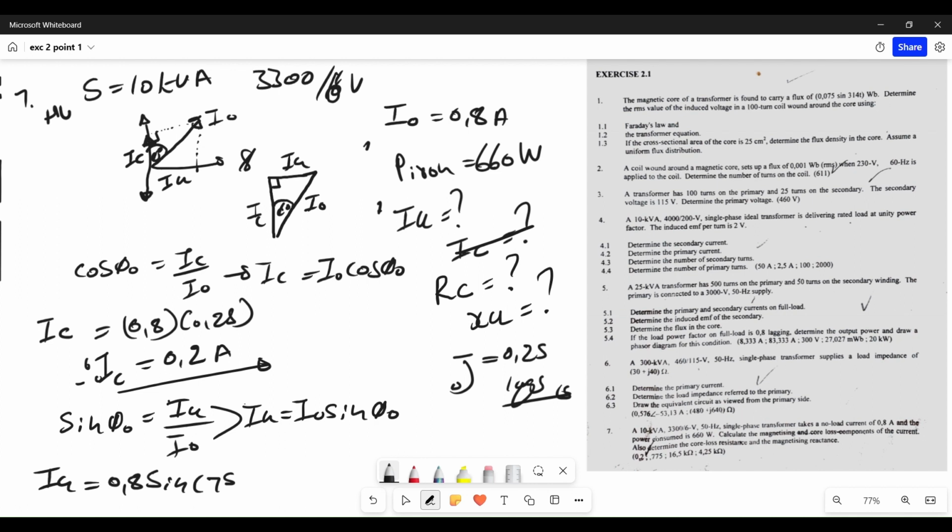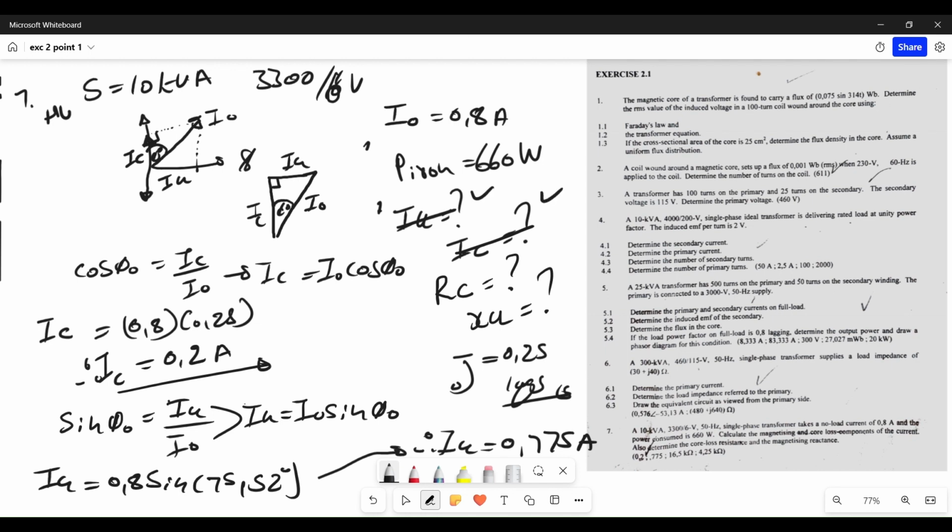Yes, 75.52 is the angle. Therefore IU is equal to 0.775 amperes.